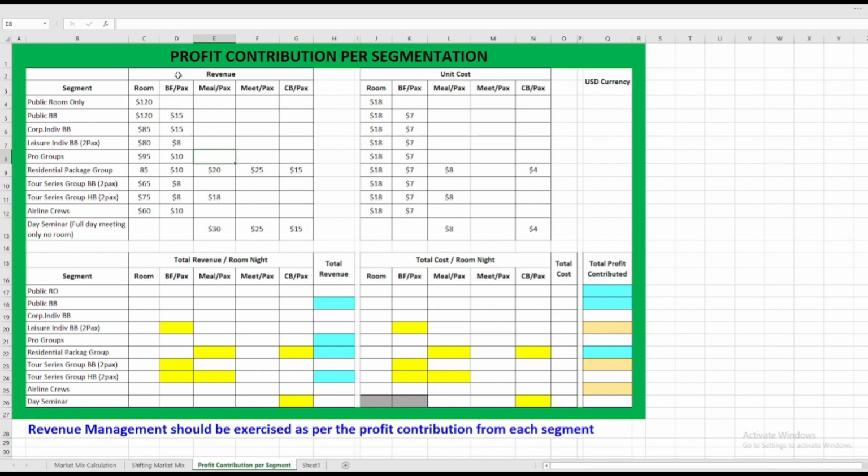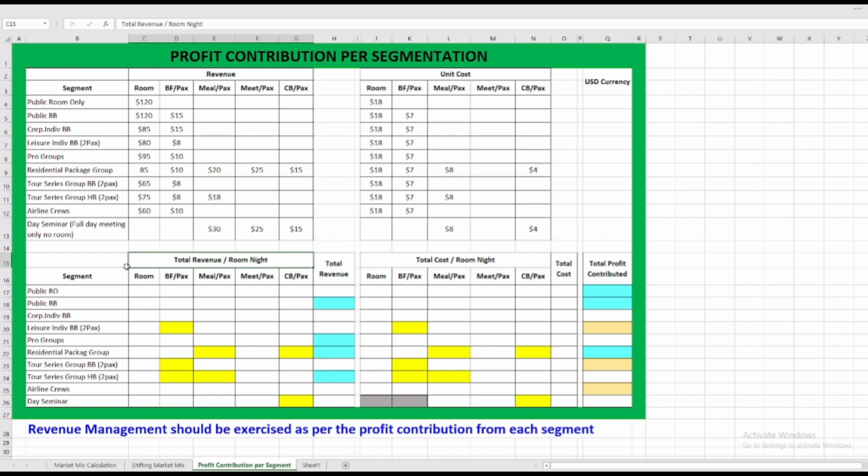This section is the revenue section, this is also a revenue section, this section is the cost, this is the cost per night, and this is the total profit contributed.